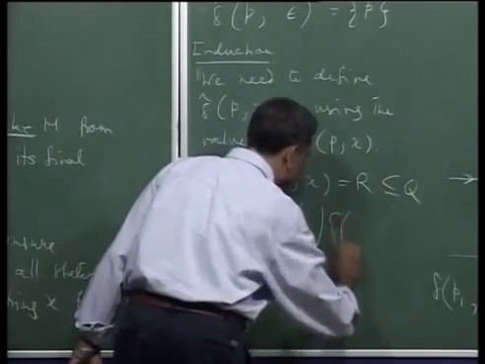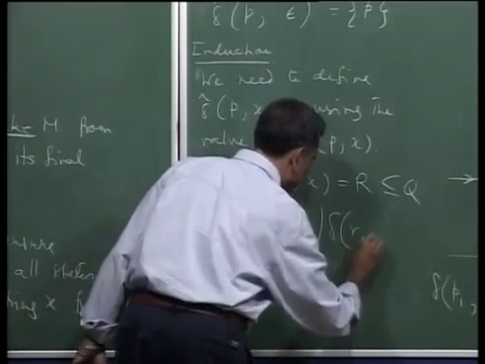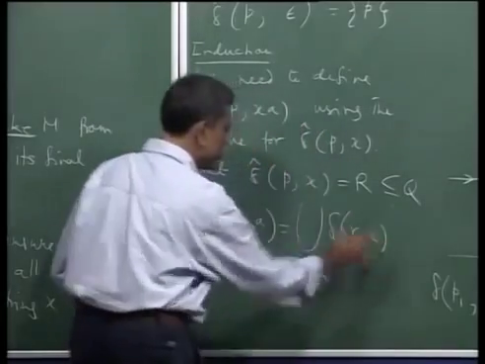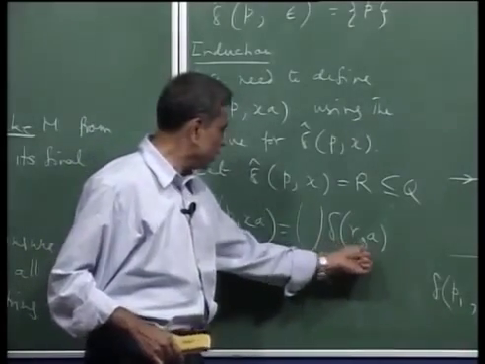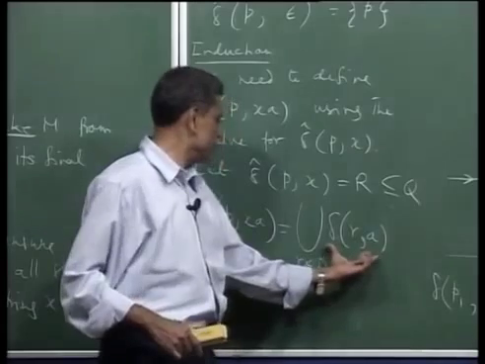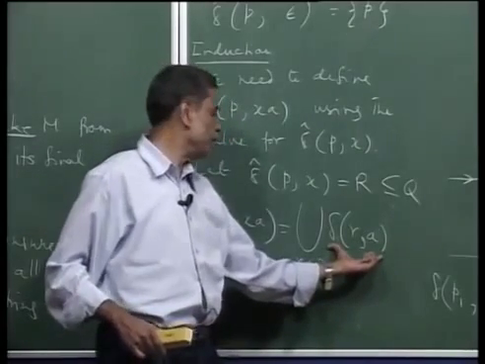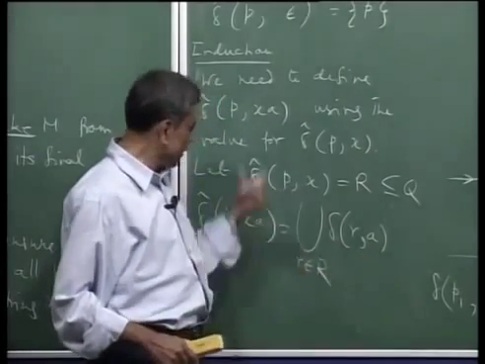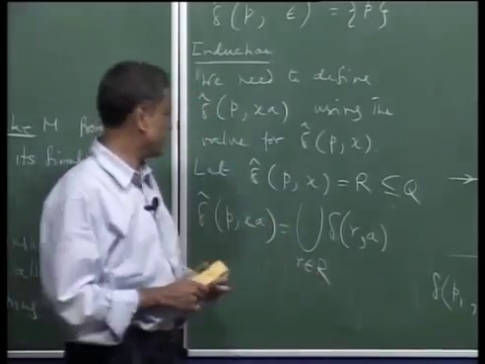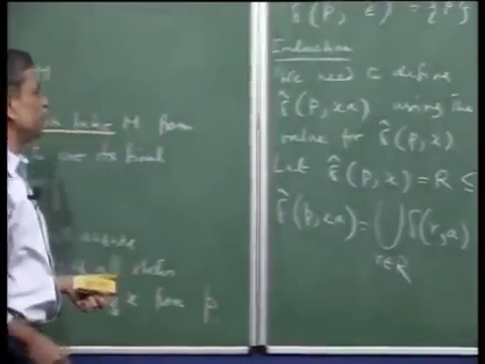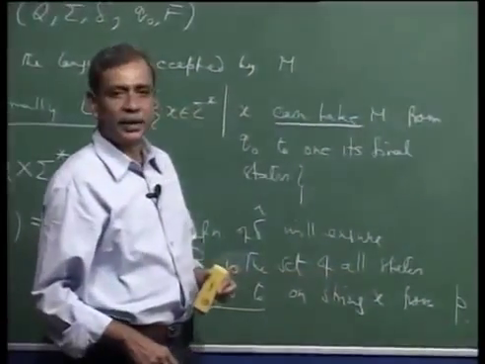So delta R of a gives me a subset of states. Had the machine reached R, then when it read a, it could have gone to any one of these states, and the same is true for every other element of R. So we take the union. So you see this completely defines delta hat.